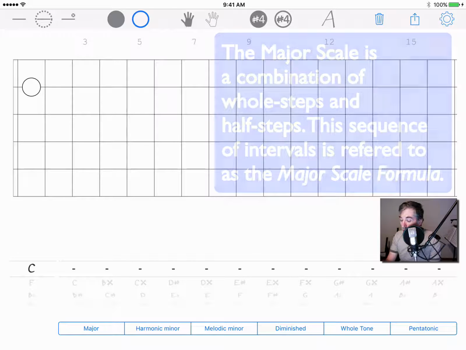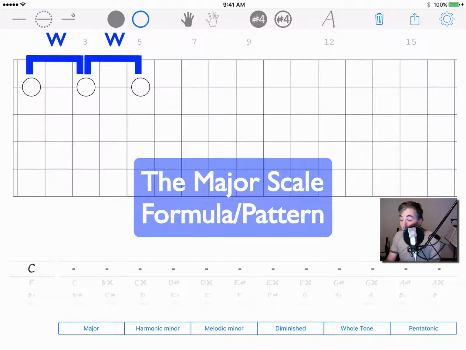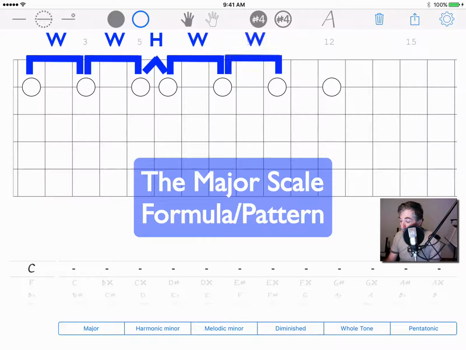It would go from here, tone, tone, semitone, tone, tone, tone, and to finish it off, we repeat the starting note, which is a semitone. Okay? So that is the major scale pattern.